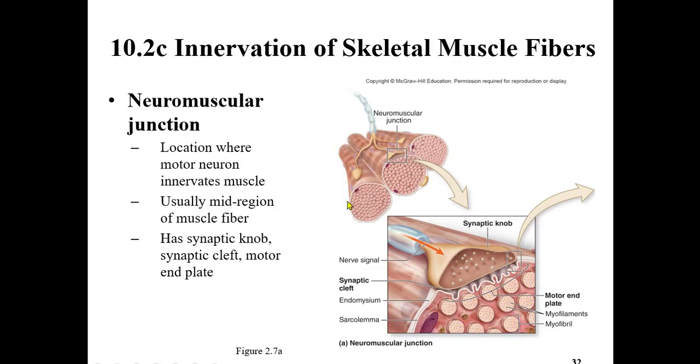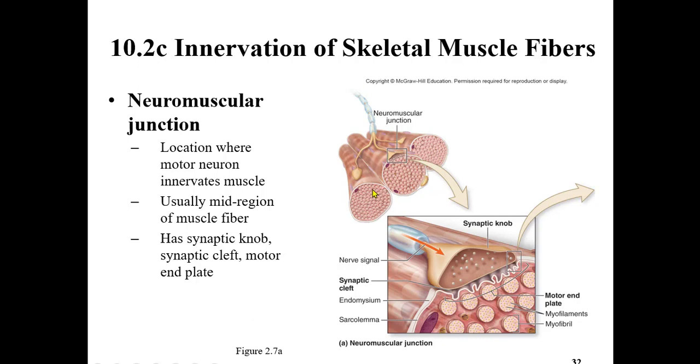Okay, this slide's important. Now your muscles are stimulated by nerves, and it's shown up here. Here is a motor neuron, and these are the muscle fibers. So motor neuron, muscle fibers.